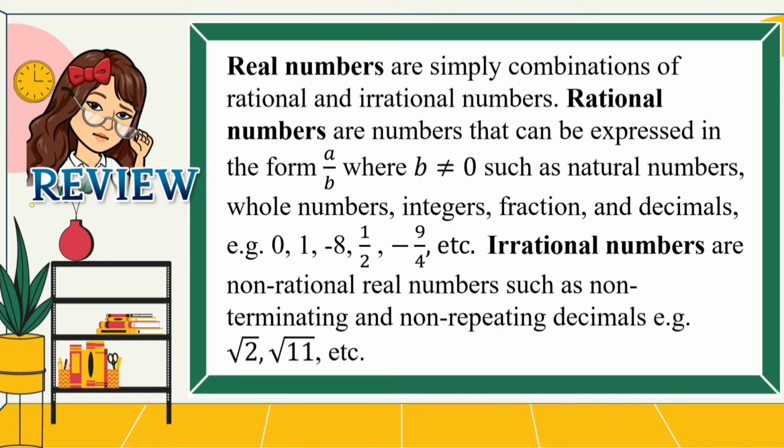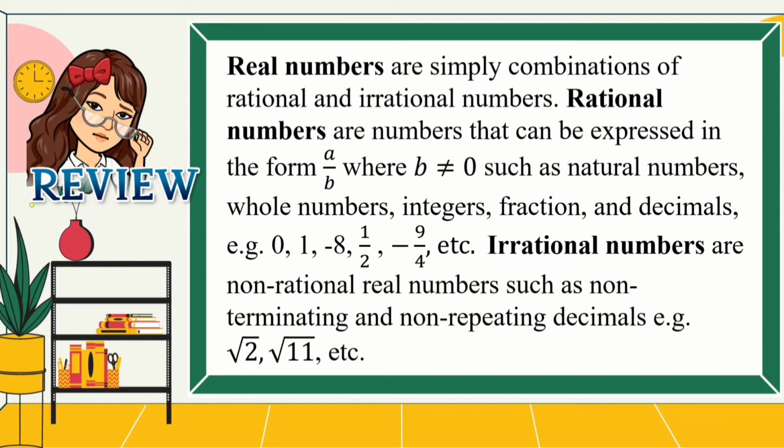First, real numbers. Real numbers are simply combinations of rational and irrational numbers. When we say rational numbers, these are numbers that can be expressed in the form a over b, where b is not equal to 0, such as natural numbers, whole numbers, integers, fractions, and decimals.